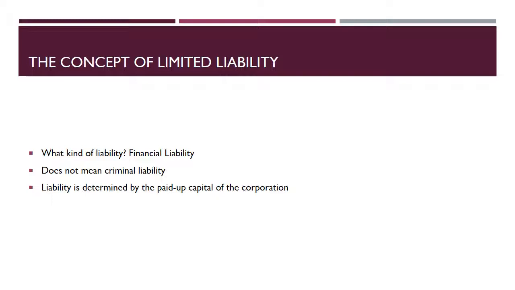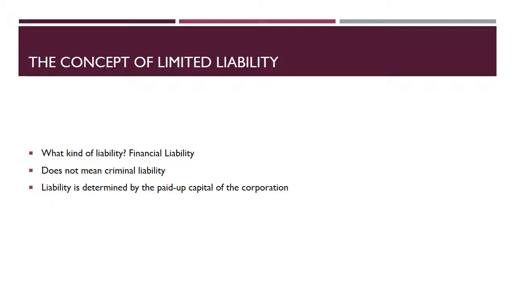So, for example, you decide to start up a company and you put in $100 as starting capital. This is what we call paid-up capital, which is capital contributed by shareholders at the point of incorporation. Now, if your paid-up capital is $100, it means that the liability is limited to $100.